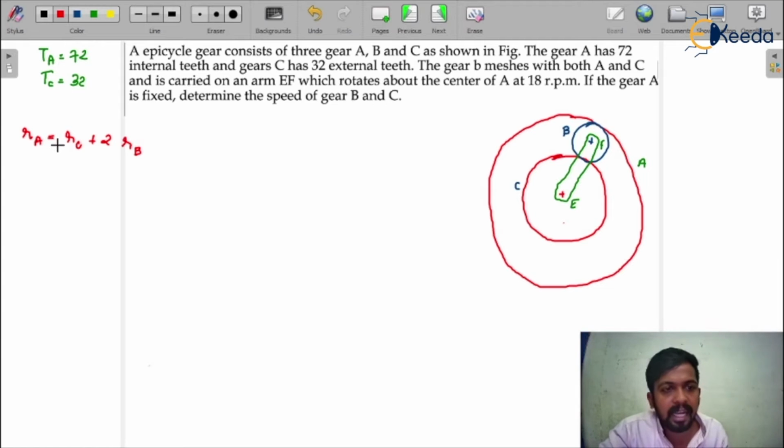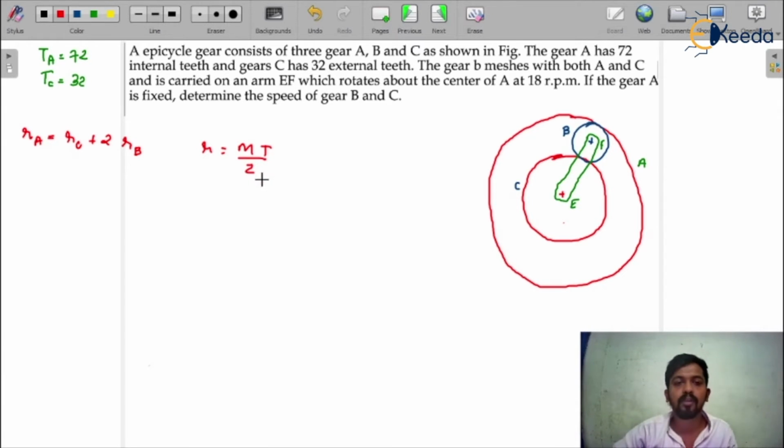So I can write RA is equal to RC plus 2RB, and we all know that R is equal to MT by 2, module multiplied by number of teeth upon 2.